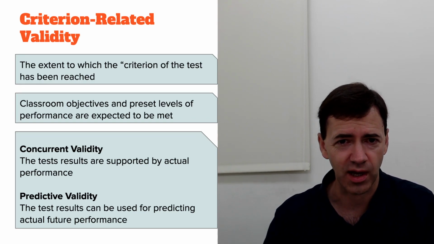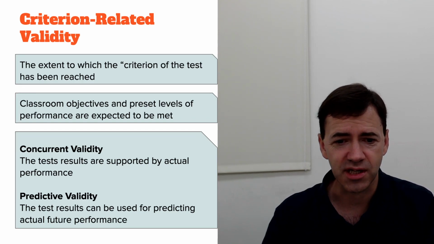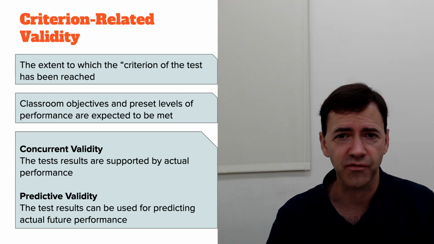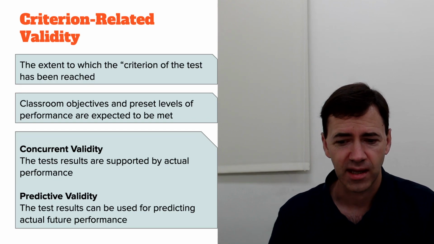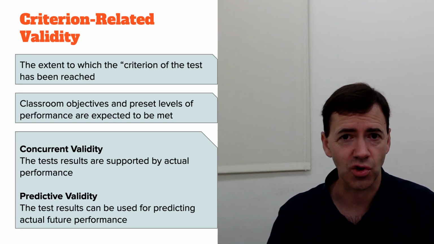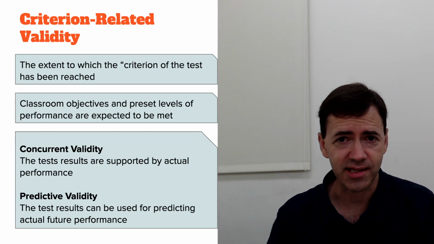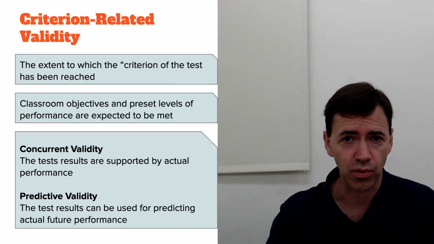Then that would be a valid test. Okay, the second is predictive validity. For example, if you're giving like an English proficiency test or an entrance test into a program, and they take that test and they score highly, then that's telling us that when they pass that test, they're able to thrive or succeed in the program.